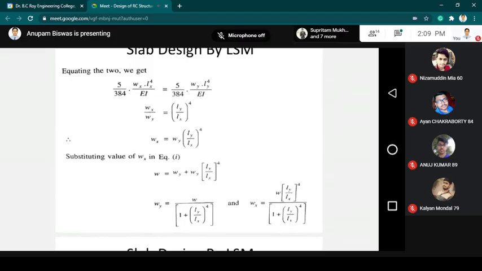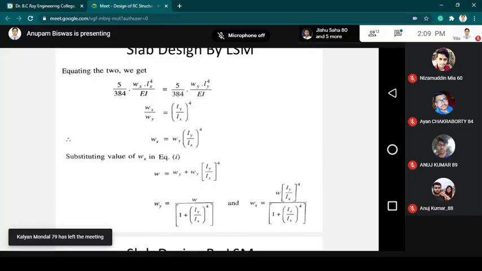Now if we equate these two equations, because the deflection at point P is the same for both the strips AB and CD, we can find the value of Wx in terms of Ly and Lx. So Wx turns out as Wy into Ly by Lx to the power 4.